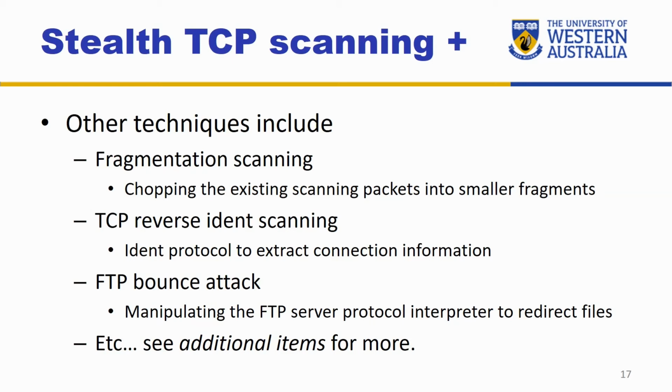TCP reverse ident scanning, to use the ident protocol to extract connection information. You can use the bounce attack, trying to redirect files, etc. Those are listed in the additional items, so you can have a look further.